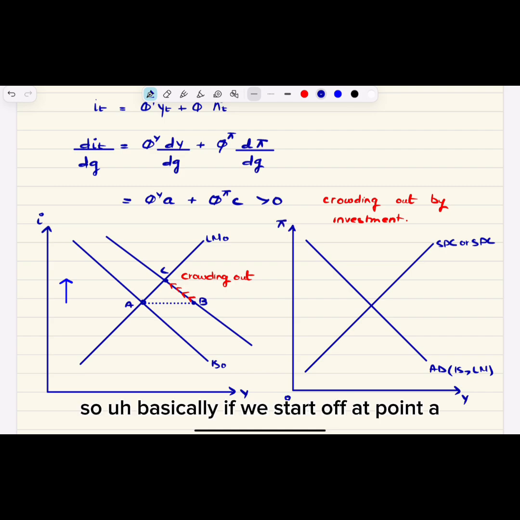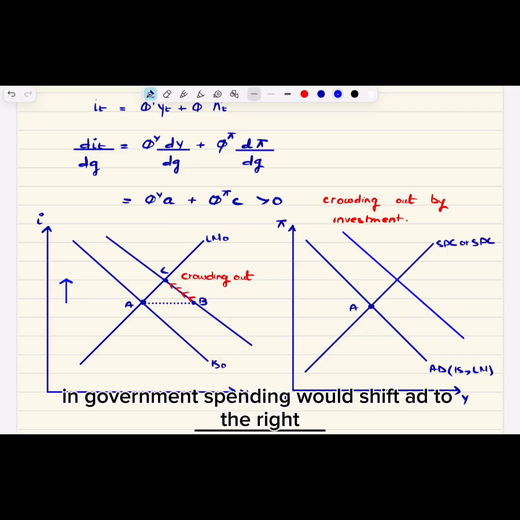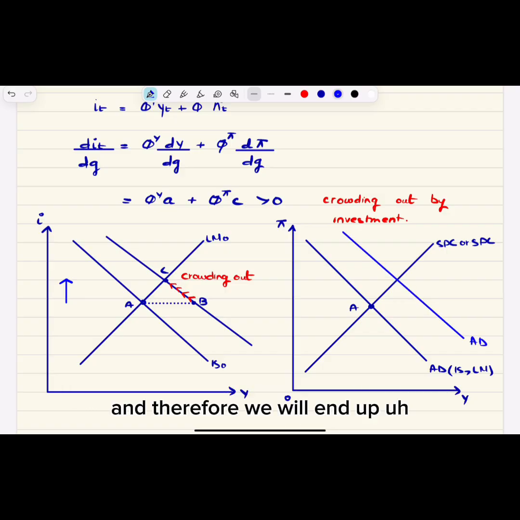So if we start off at point A, a rise in government spending would shift AD to the right, and therefore we will end up in a place where there is a rise in output and inflation, at least in the short run. So that is the ending of this actually.